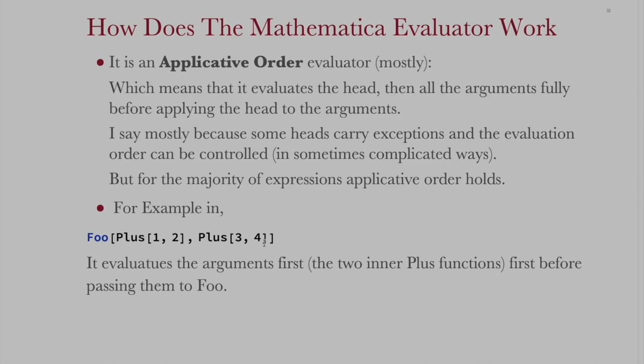That is typically called normal order or lazy evaluation, but Mathematica mostly is not like that. Mathematica is similar to Lisp in that it does eager evaluation, or what is called applicative order evaluation. The arguments are completely evaluated first, and then they are passed to foo in this case.